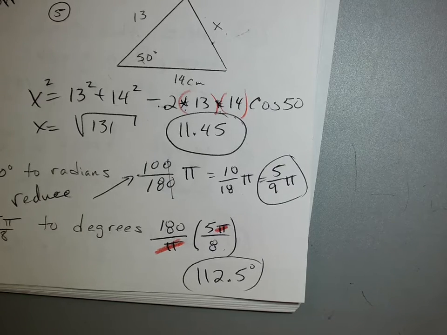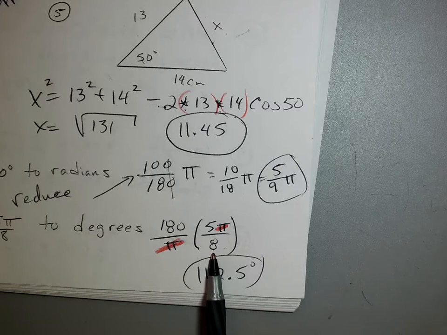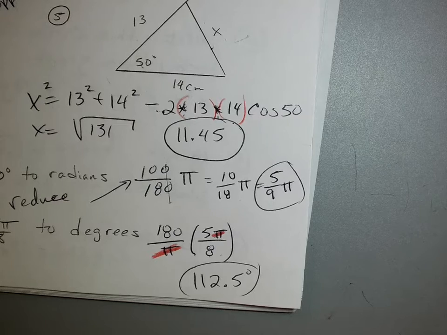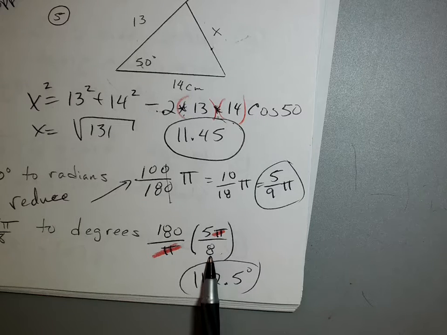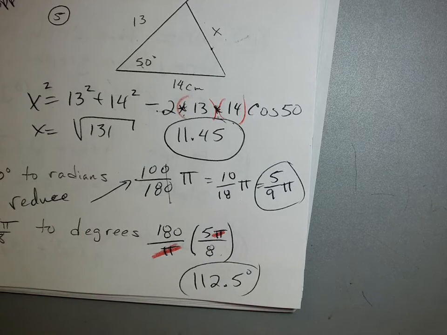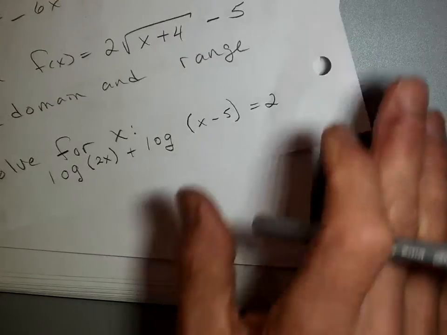If you take the denominator of 5 pi over 8 and figure out how many times it goes into 180, you can just find the numerator. You do 180 divided by 8, which equals 22.5, and then you multiply it by 5. Oh yeah, it's the same thing. Same fraction. Yeah, thanks, Ellie.